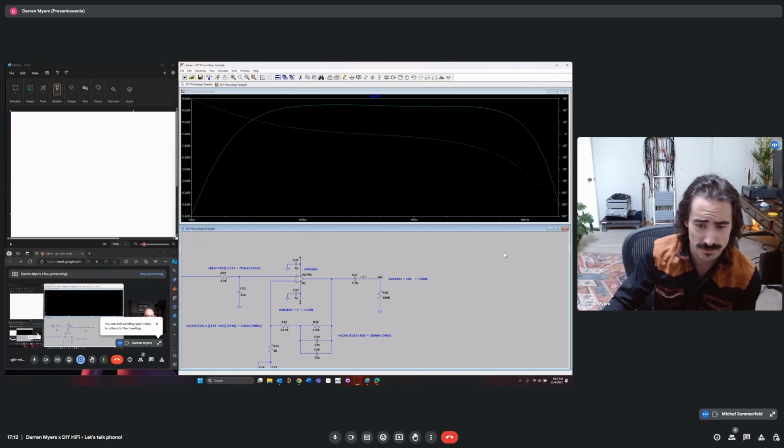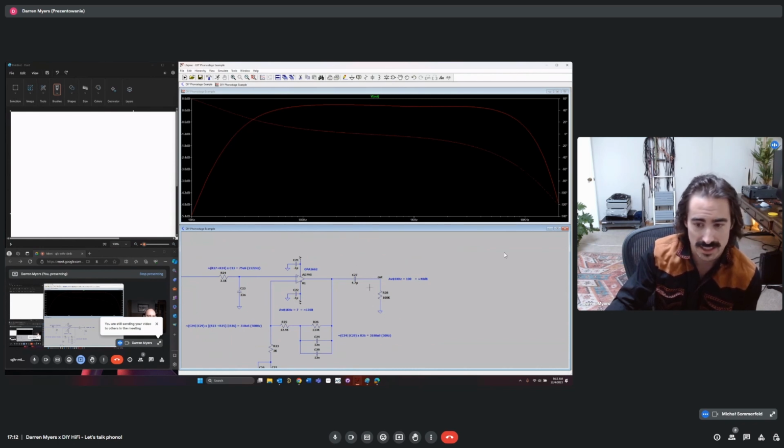You don't want to run into huge roadblocks and large problems. I would highly suggest just going with some sort of bypass or a coupling capacitor right here. It just makes your life a lot easier, and you can buy a really nice one. You could buy a Mundorf or a MyFlex or whatever you want to do here. But for this one, you will want to make sure it's an audio grade capacitor of some sort, meaning even a film capacitor off of DigiKey or Mouser. You don't want it being a polarized electrolytic.